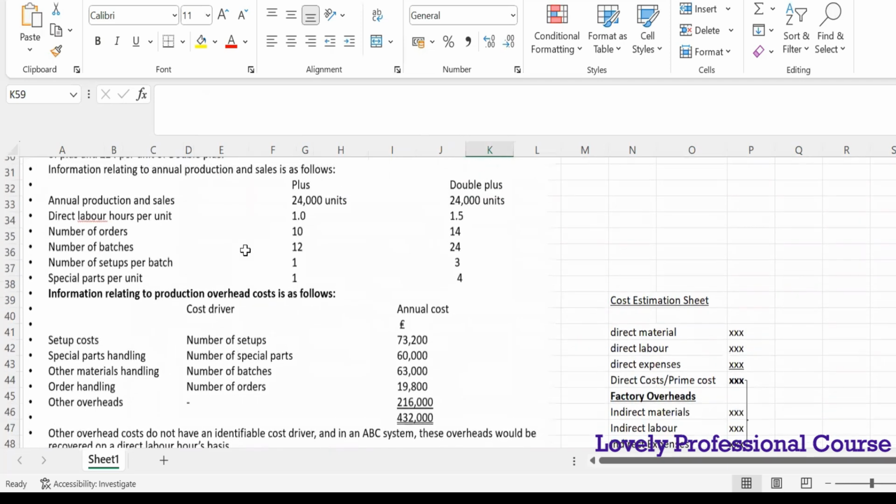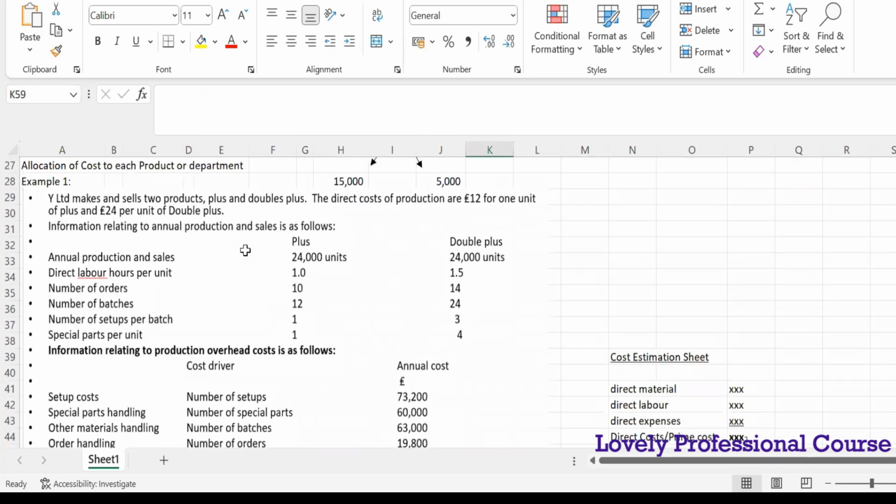Let's see from the information we have whether it allows us to get the number of setups. They give us information on an operation in sales: the direct labor hours per unit, number of orders, number of batches, number of setups per batch, and special parts per unit. Look at this number of setups per batch.